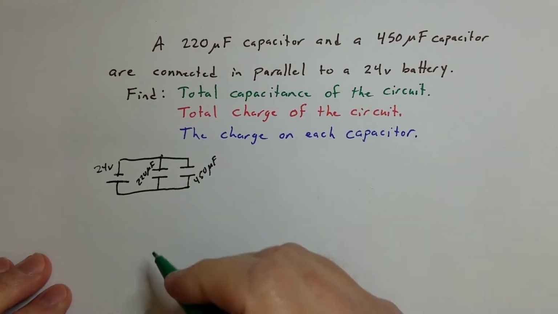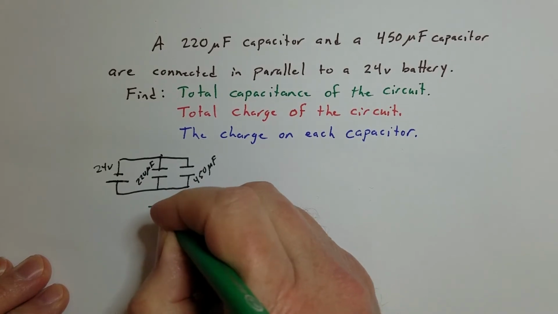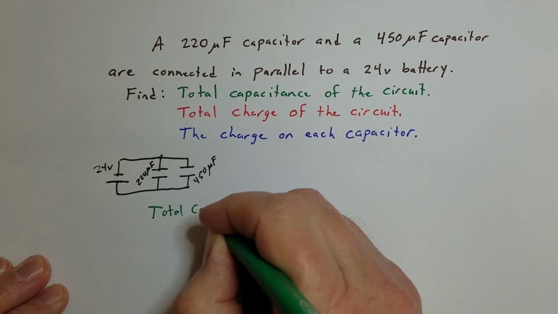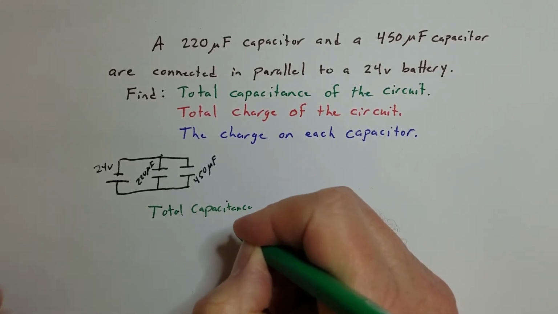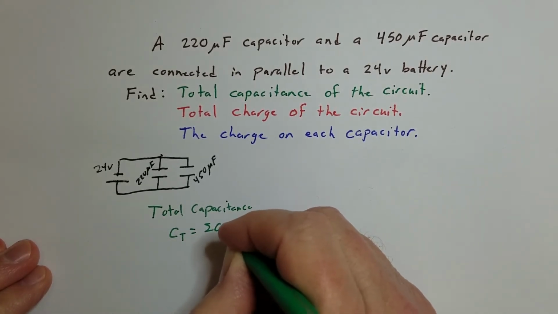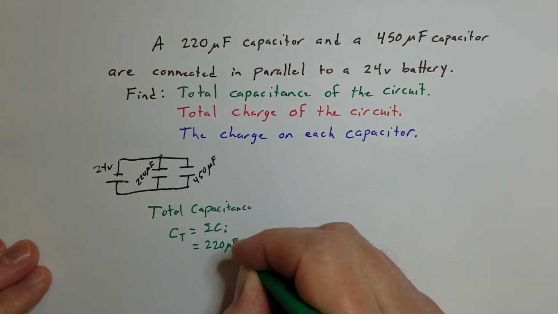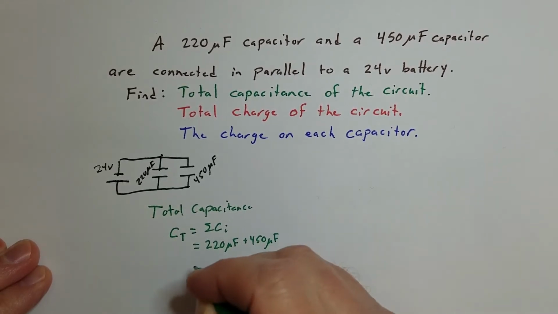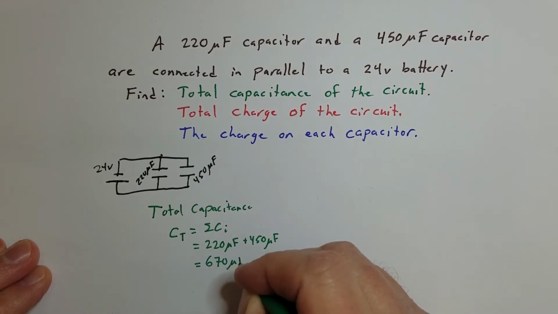So to start off with, let's figure out the total capacitance. Well, since this is parallel, the total capacitance is simply the sum of all the capacitors. So in this case, it is 220 microfarads plus 450 microfarads, and that gives us 670 microfarads.